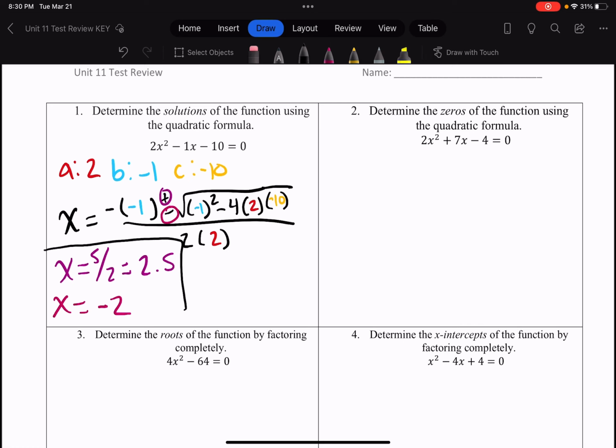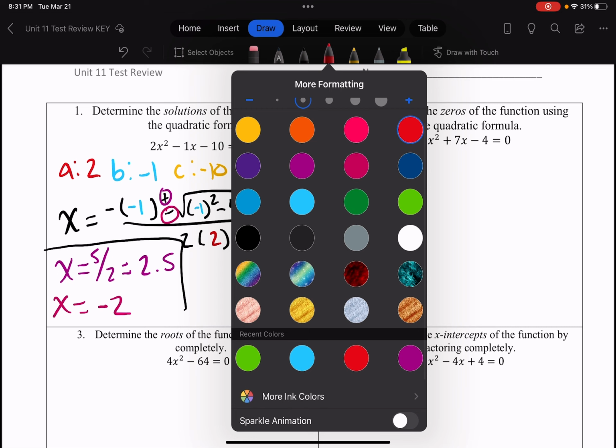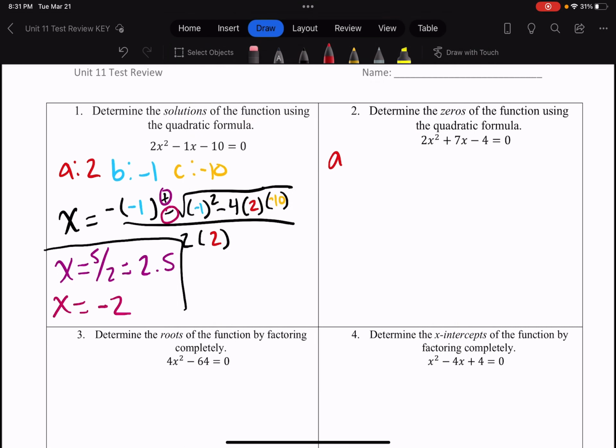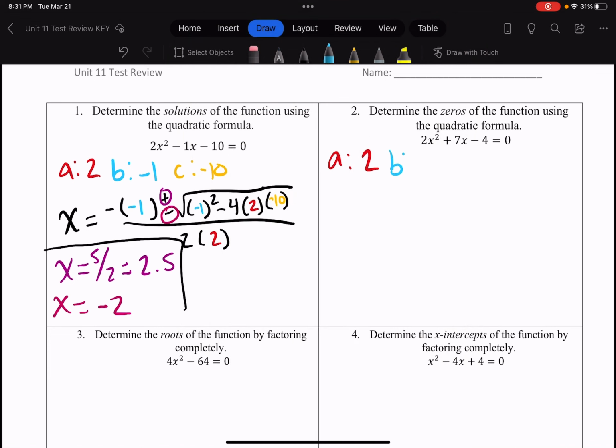So let's do that again on number 2. It says determine the zeros. So anytime I see solutions, zeros, roots, those are all dealing with your x-intercepts, okay? So it says determine the zeros of the function using the quadratic formula. So I've got to identify my a, b, and c, with my a value being 2, my b value being 7, and my c value being -4.